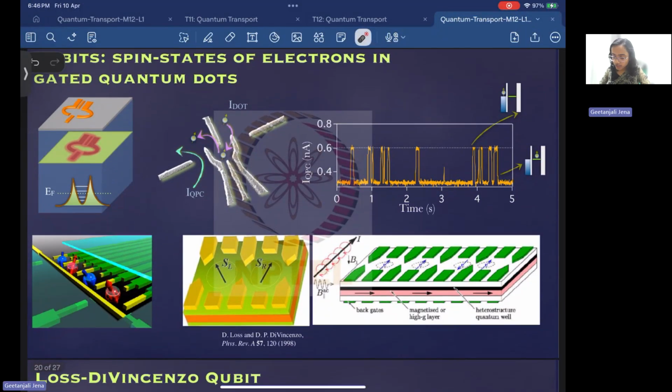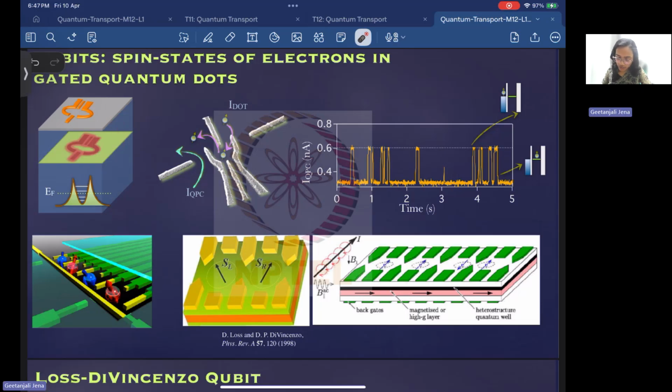So this is one of the representations of a gated quantum dot. We have two gates, and it's possible to see the parabolic confinement of the electron in this gated quantum dot in this middle region.